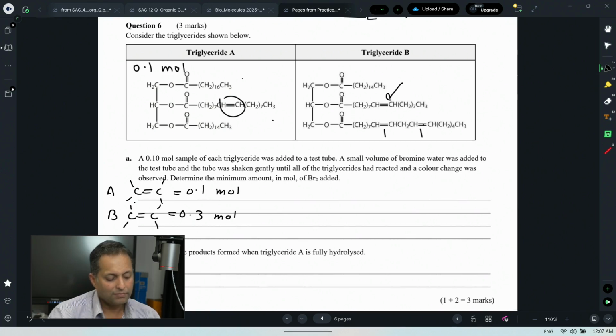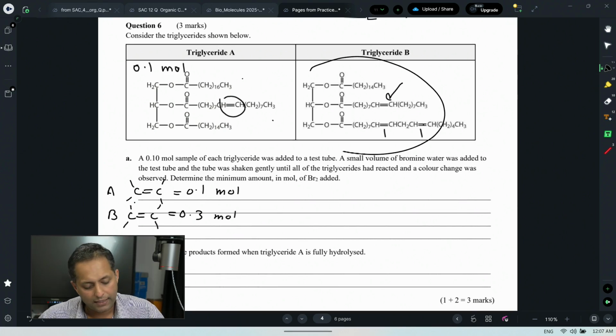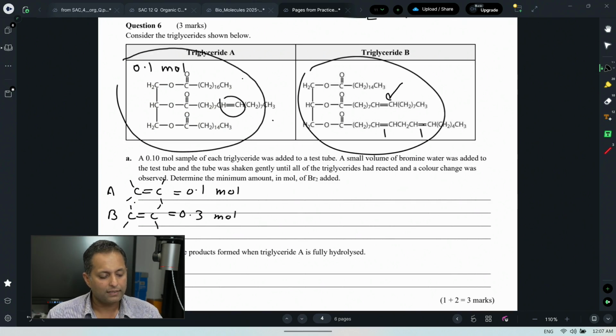Is that clear? Because every 1 mole of that triglyceride will have 3 moles of carbon-carbon double bonds. But if you take 0.1 mole of A, you will only get 0.1 mole of carbon-carbon double bonds, because 1 to 1 is the ratio. This one, 1 to 3 is the ratio.